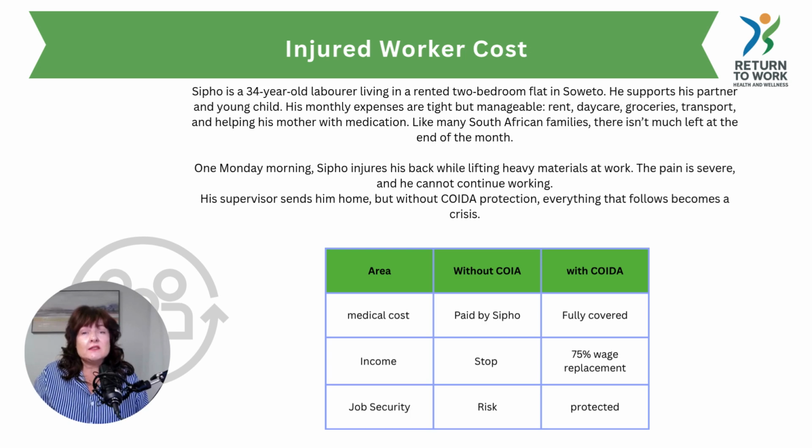Fortunately, COIDA is offering 75% loss of wages so that the employee is able to continue with their life, paying their bills, have medical cost, which is covered by COIDA and by the employer eventually, and also job security, in order to feel that they are protected, that they can focus on the recovery. And the cost could be significant to the employee if they're not able to continue to work.